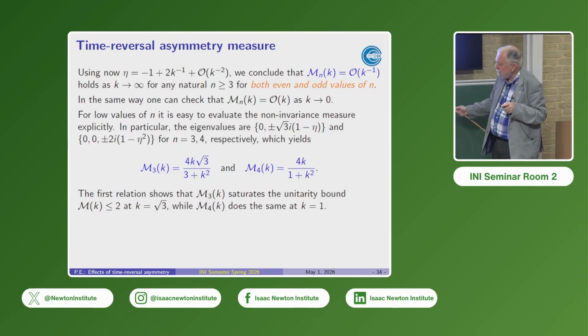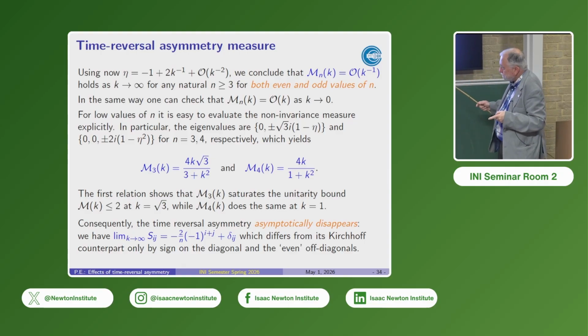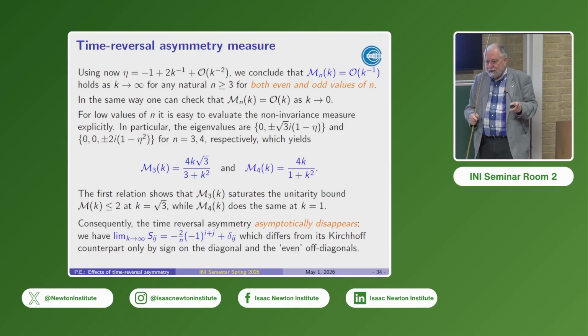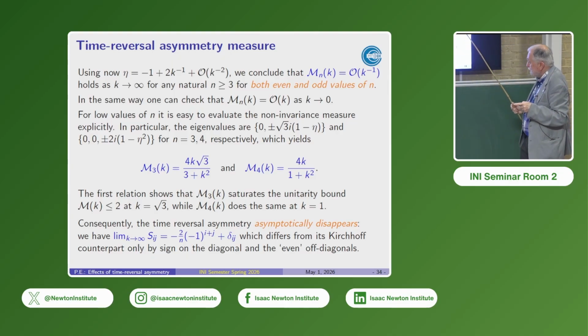So now at the limit of high energy, the S matrix elements look like that, and that's very similar to the Kirchhoff coupling. The only difference is this sign factor, that is, instead of Kirchhoff coupling, you have the matrix in which every second diagonal changes sign.